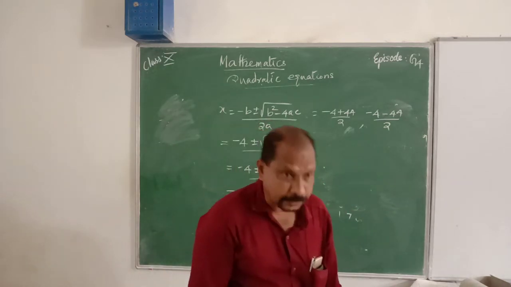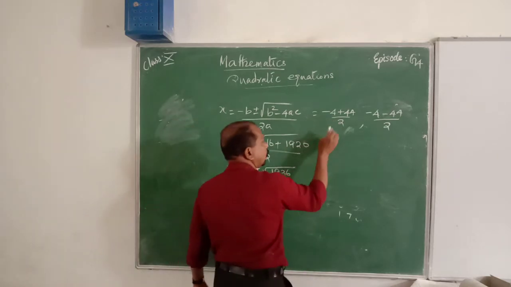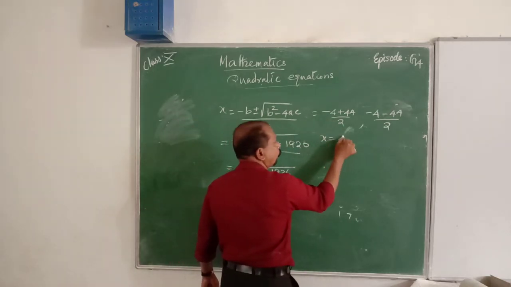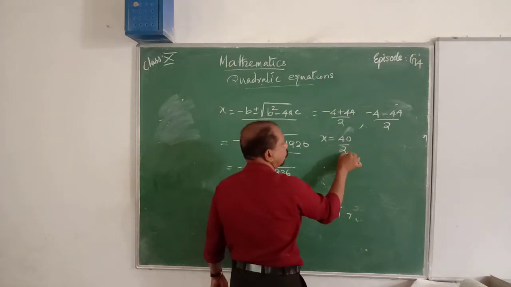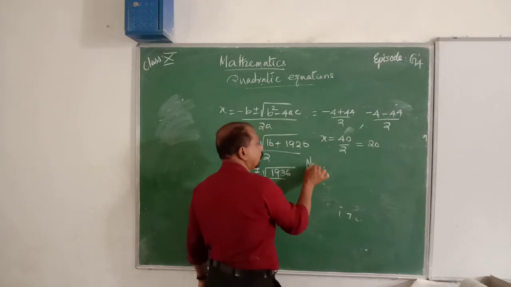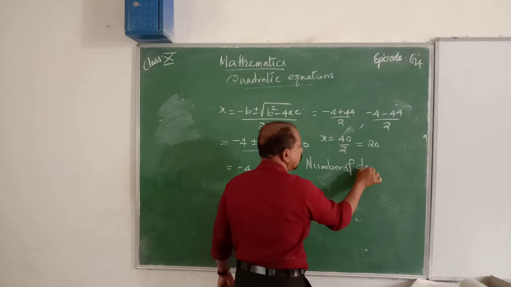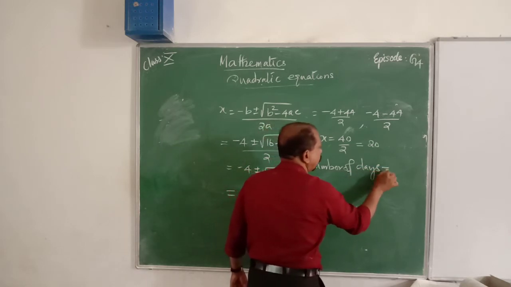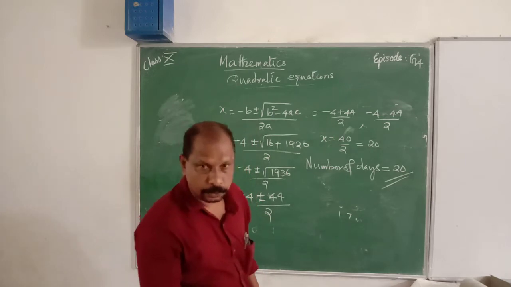Therefore, the number of days will not be negative, so we take only the first one. x is equal to 44 minus 4, that is 40, by 2 is equal to 20. Therefore, number of days is equal to 20. That is the answer.